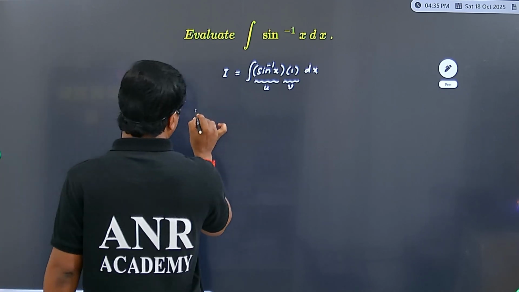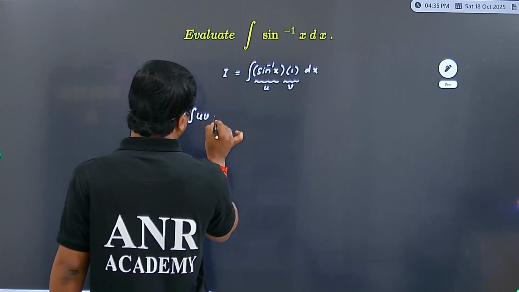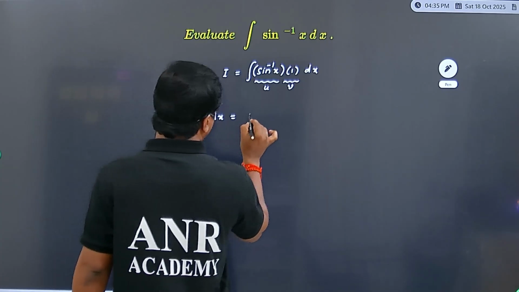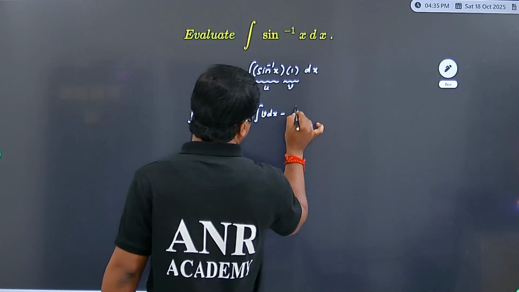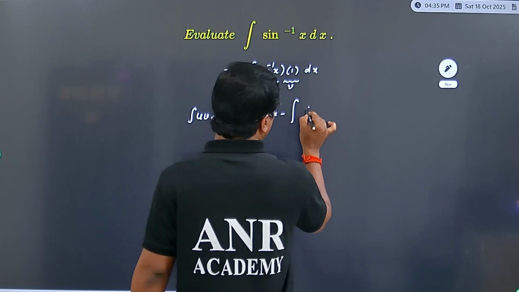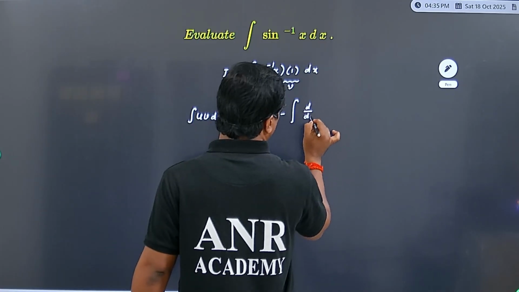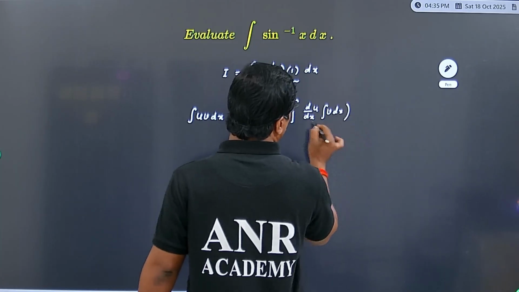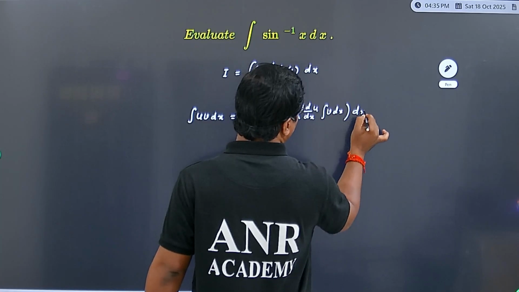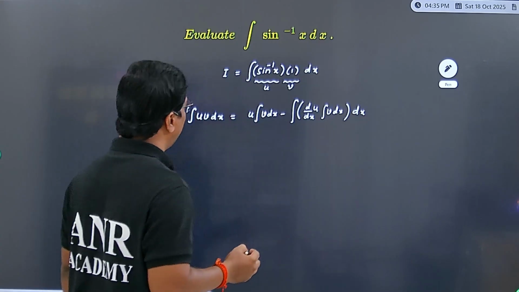You know that integration of u v dx is u integral v dx minus integral d by dx of u integral v dx whole dx.